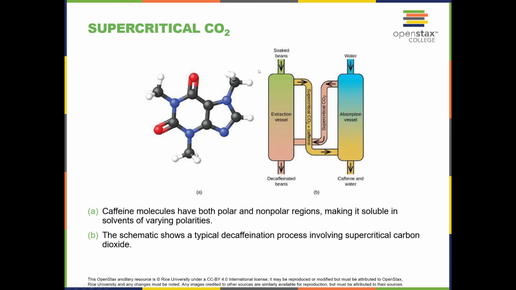And the reason for this is this molecule is relatively nonpolar. It's not completely nonpolar, but it's relatively nonpolar. And carbon dioxide is also nonpolar. So if we take the beans and we extract them with supercritical carbon dioxide, then essentially we can remove this molecule, the caffeine, from the coffee beans.